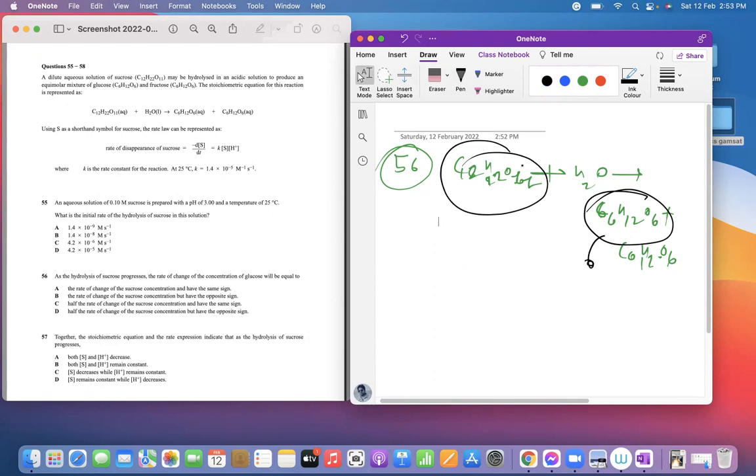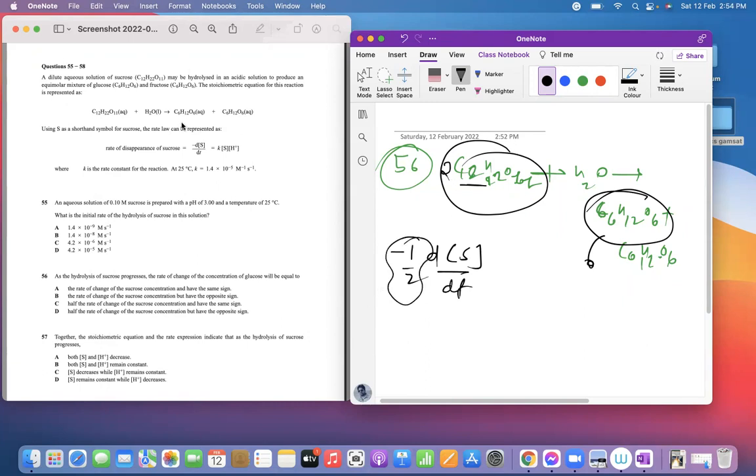You can eliminate half of the rate very clearly. You know why? The half factor in the rate is only applicable if there is some stoichiometric value. Suppose I have 2 moles of sucrose, then you can write minus 1/2 d[sucrose]/dt, and say this is half of the rate.